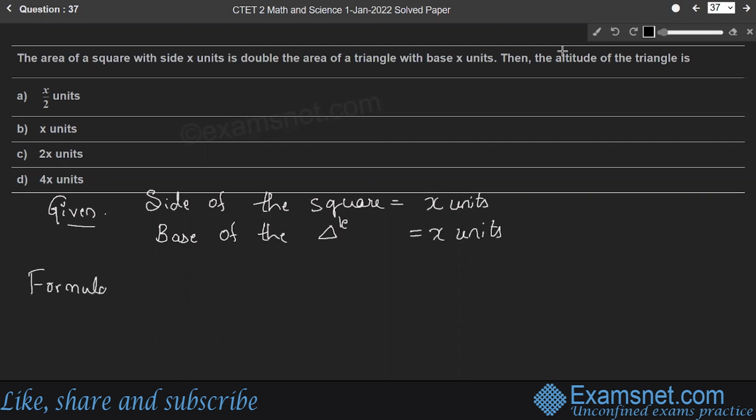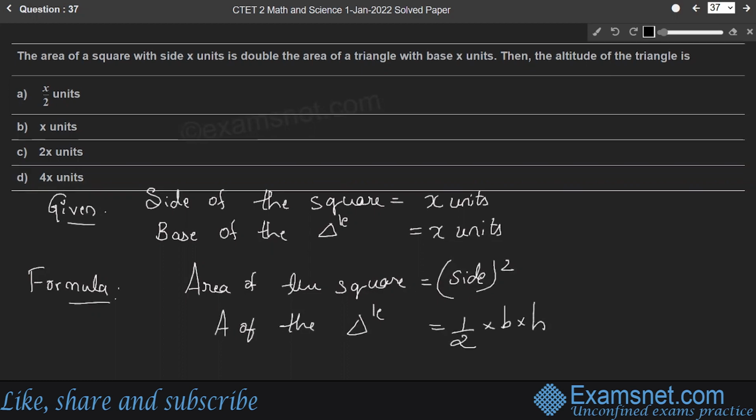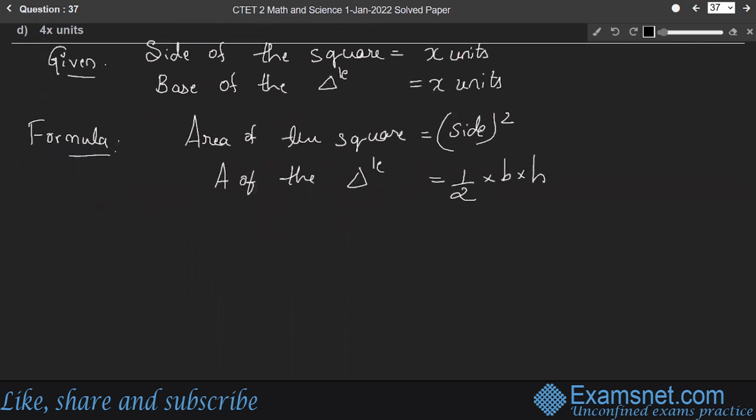Here we are using the formula: area of the square is equal to the square of its side, that is side square, and area of the triangle is equal to half into base into height. So these are the two formulae we are using here. Come to the calculation part.